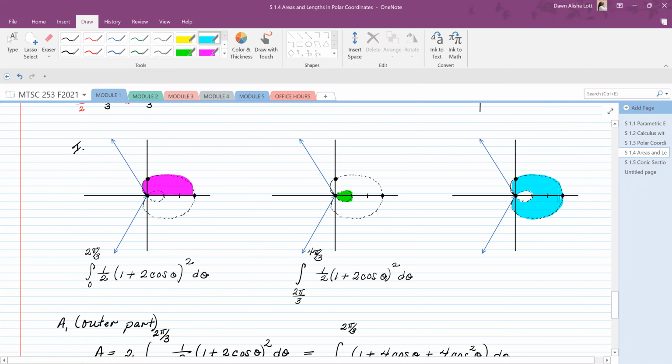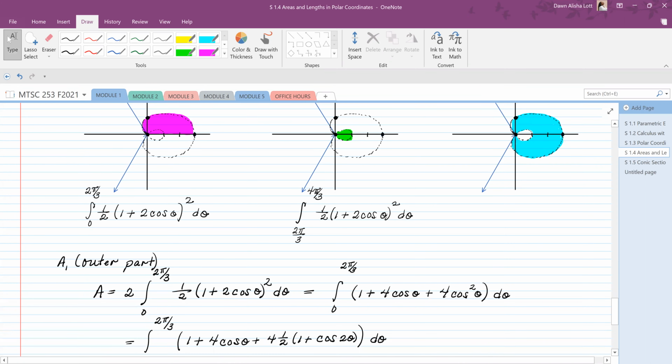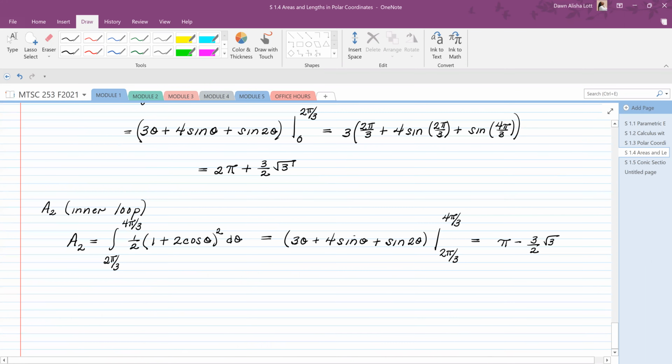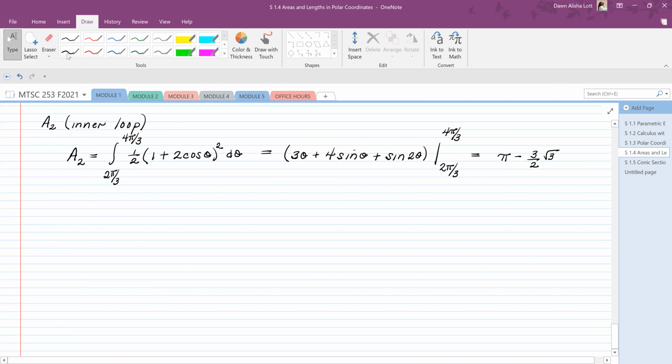Okay, that's what we wanted. There we go. All right, so if you take the whole purplish region minus the green region, you get what we're trying to solve. Okay, so therefore the bounded area is A1 minus A2.